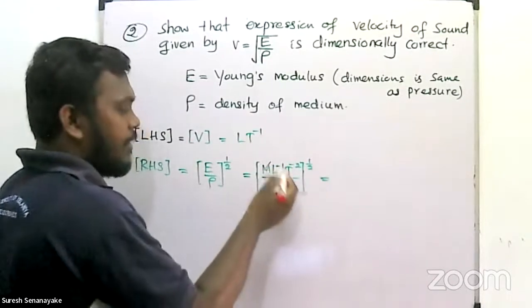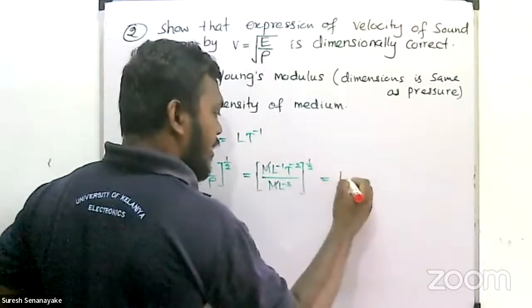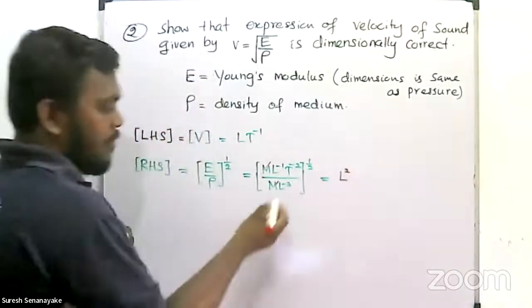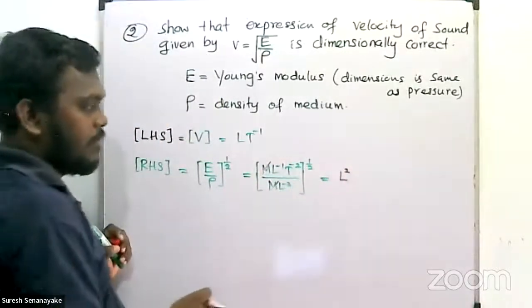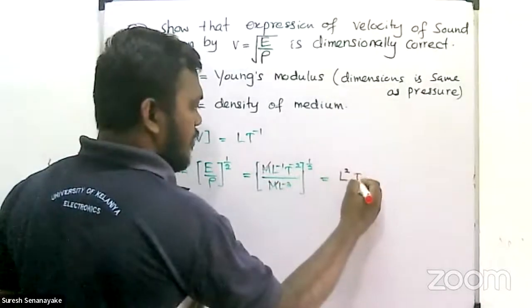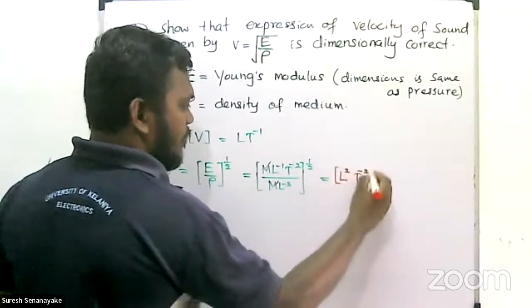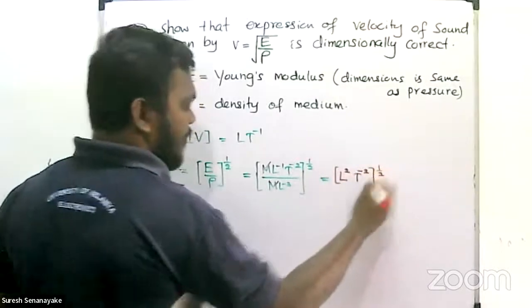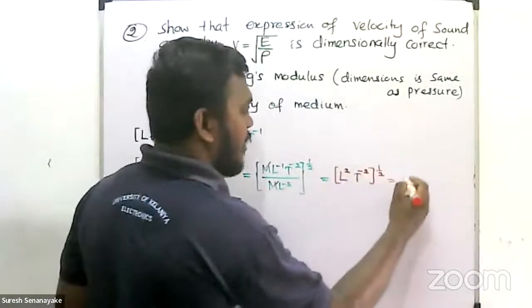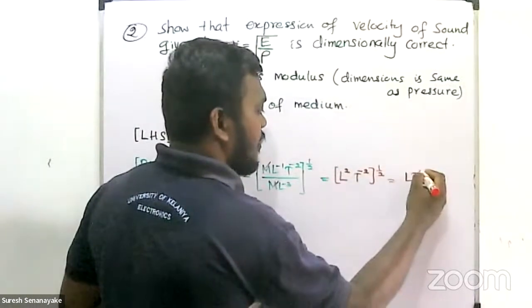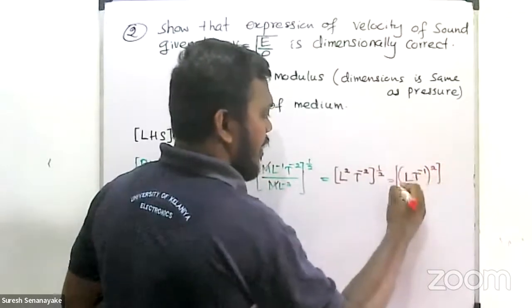With the half power, this is like LT minus 1 squared under the square root.